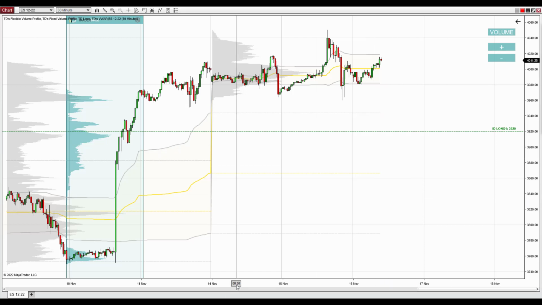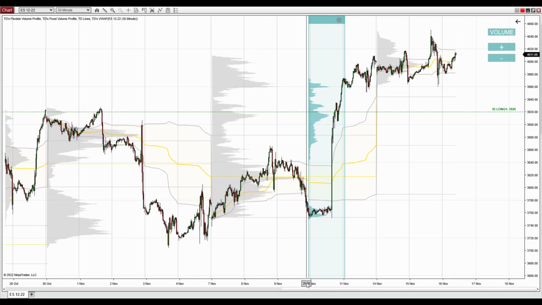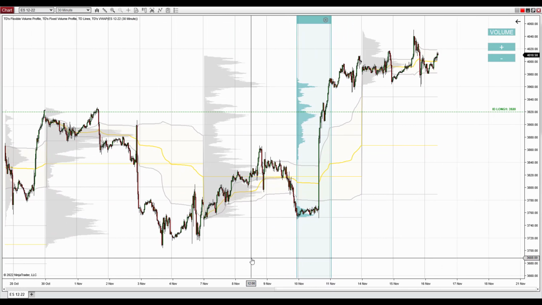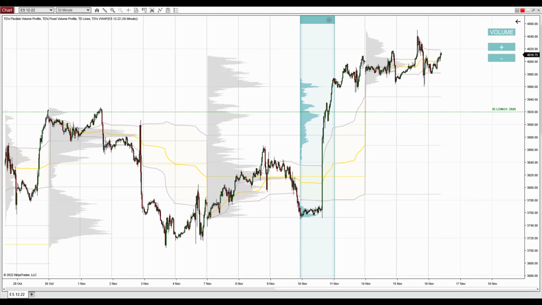Now, another reason I like this level, if I zoom out a bit, is that the price reacted to this level very nicely in the past. In here and in here. Also sort of in here, but this was a little bit below the level, but still in the area.